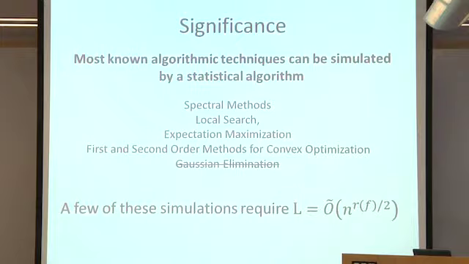A few of these simulations do require us to set L to be n to the R of f over 2. Otherwise, we would need to draw more challenge response pairs to simulate the algorithms as a statistical algorithm.